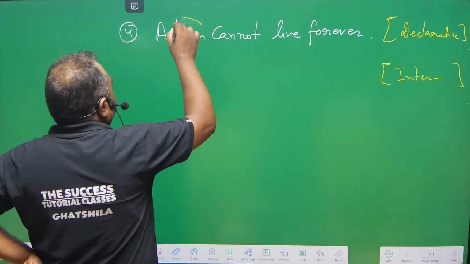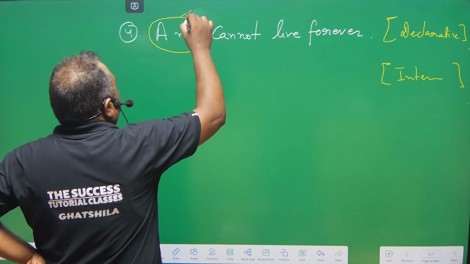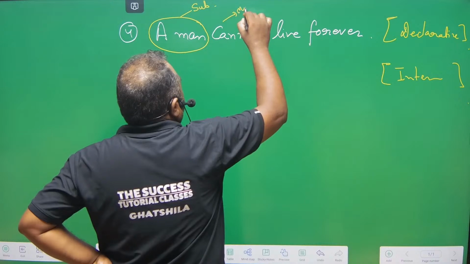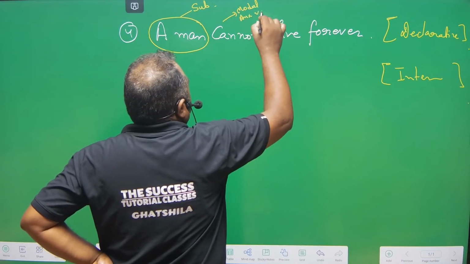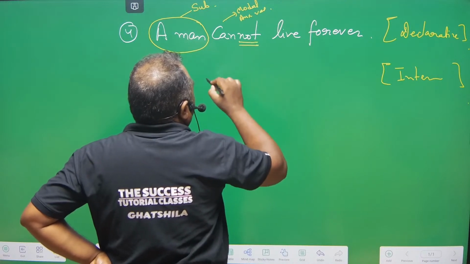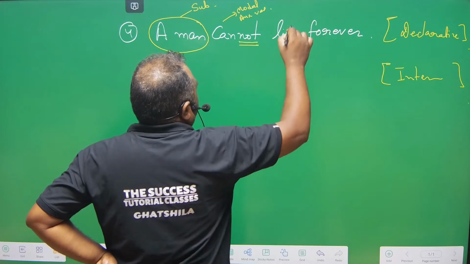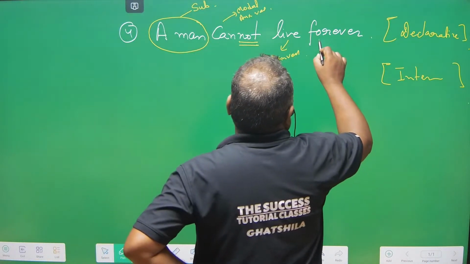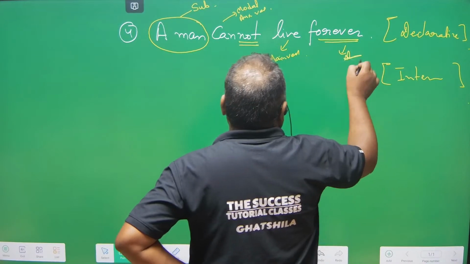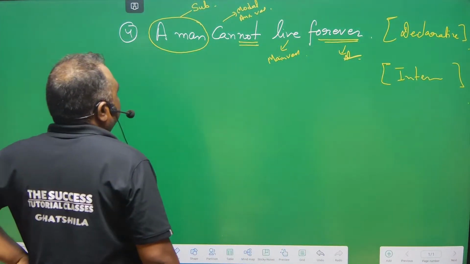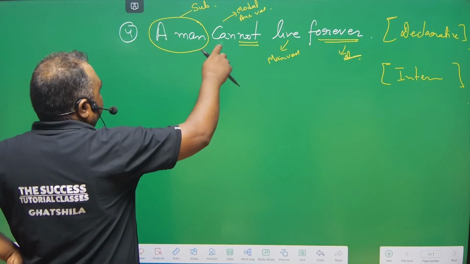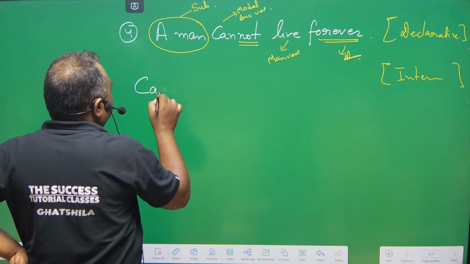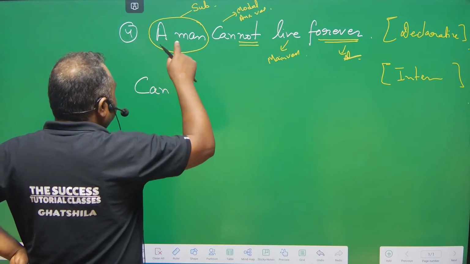Here, a man acts as the subject. Can, this one is a modal auxiliary verb. Not is an adverb of negation. Live is the main verb. And forever, this one is an adverb. So what you have to do, you have to start it with the helping verb, can. Afterwards you have to add the subject.